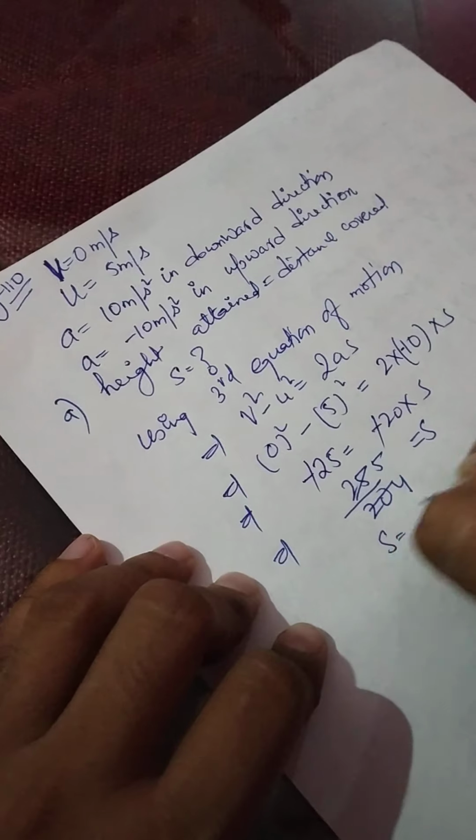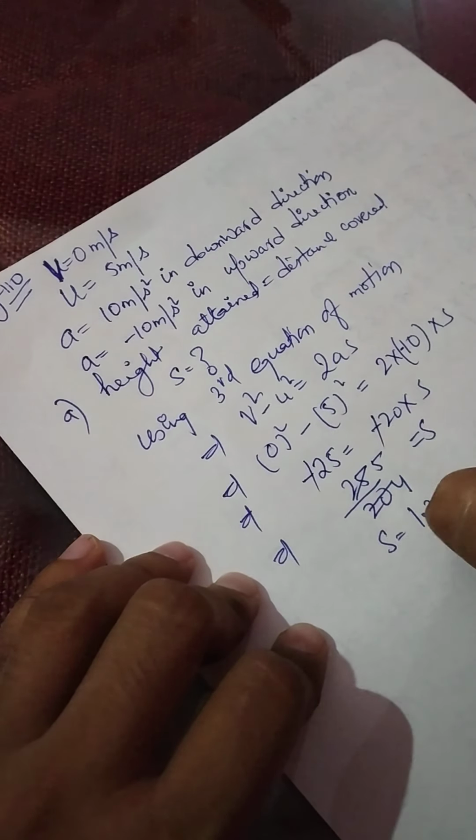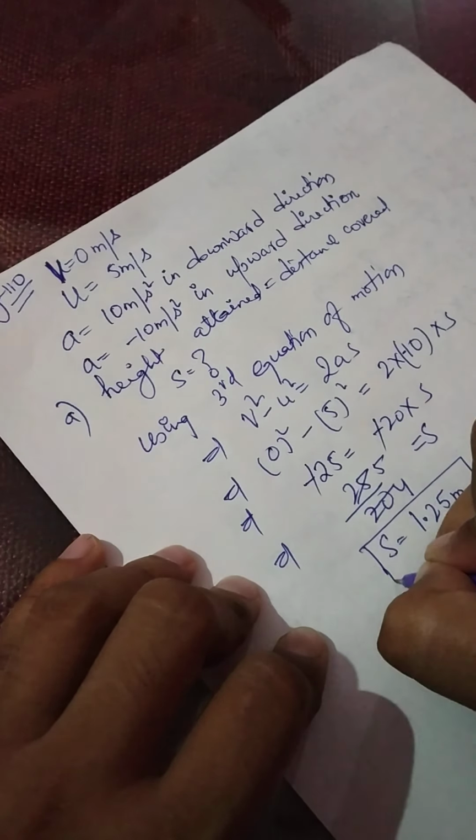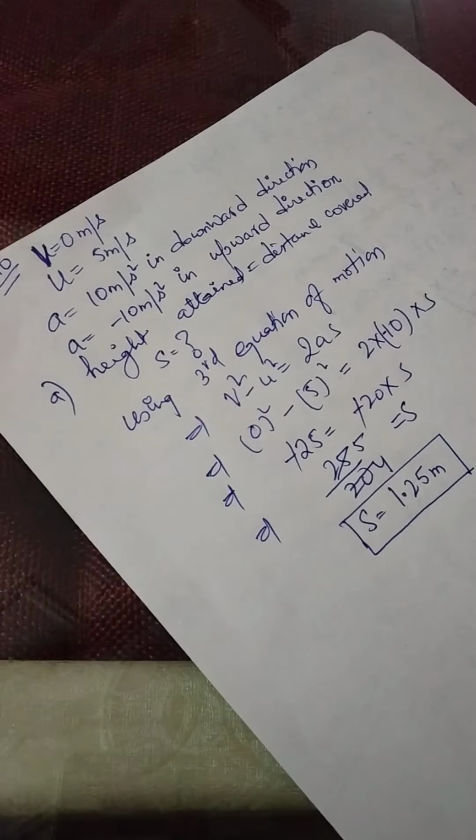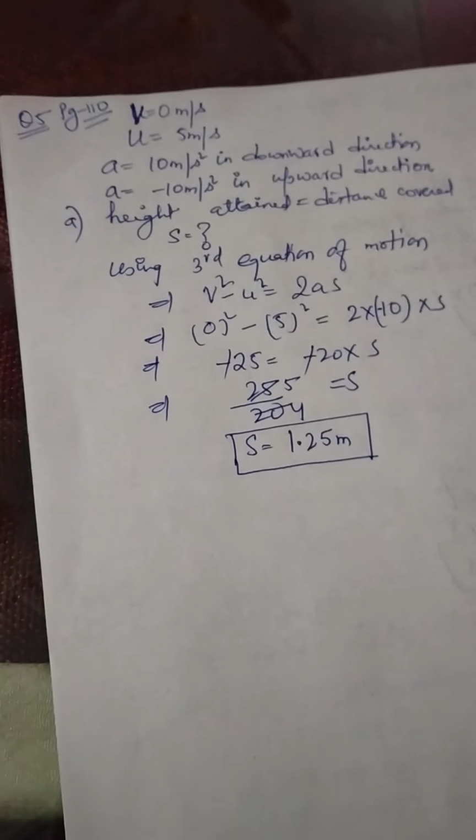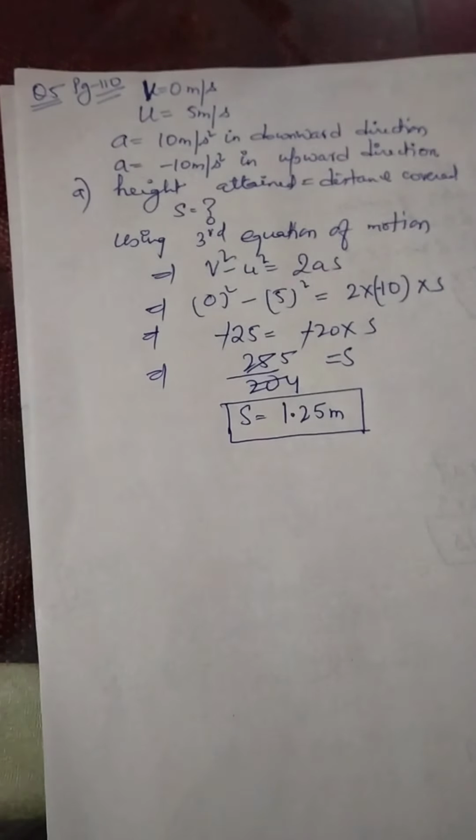On solving, it comes out to be 1.25 meters. This is the height attained by the stone when it is thrown in vertically upward direction with a velocity of 5 meters per second with an acceleration of 10 meters per second square in the downward direction.